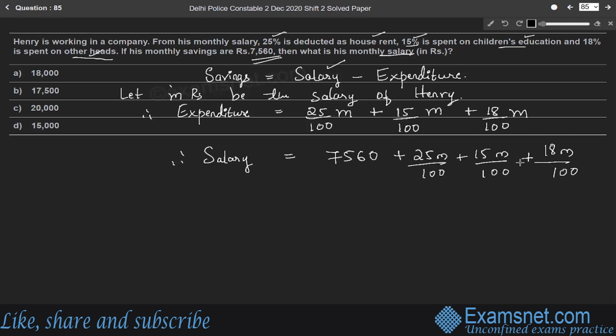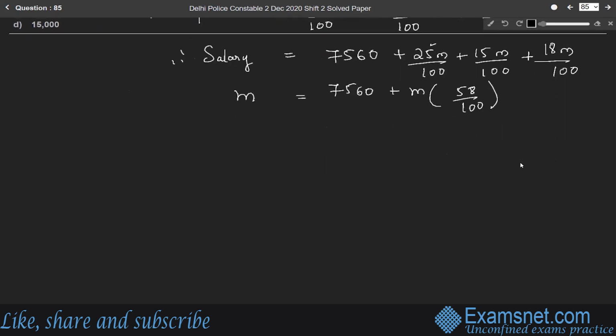So here, according to our assumption, m rupees is the salary of Henry. So salary m becomes, so 7560 plus m is the common term here, 25 plus 15 plus 18, that is 40 plus 18, 58 by 100. Therefore, so m minus m into 58 by 100 gives the savings.